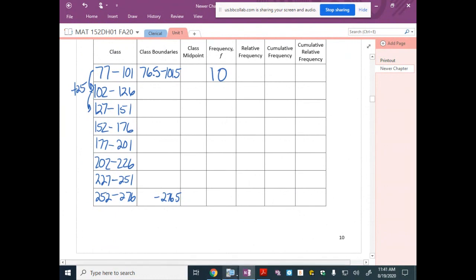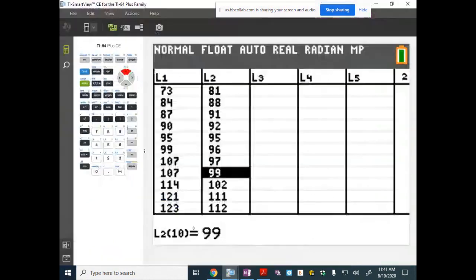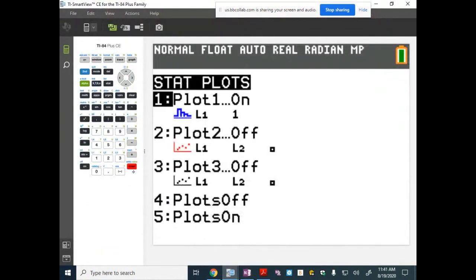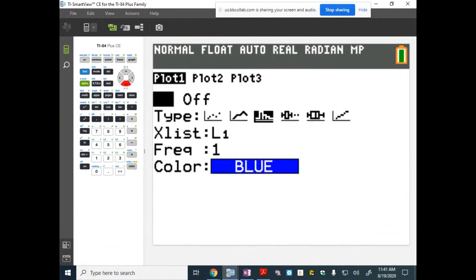Now, the other way, if you feel like being crafty, here's something else you could do. You could actually go to stat plot. This time I'm going to change it to L2.